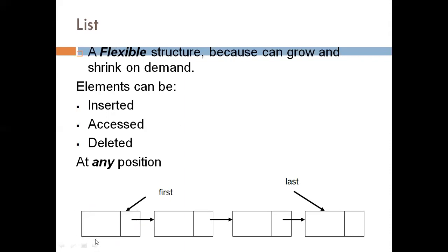In each node, here the value of that data will be stored, and here the address of the next node will be stored. So each node consists of two fields, the first one for data and the second one for the address of the next node.